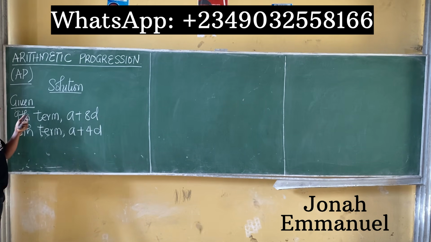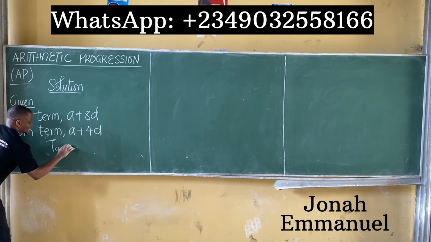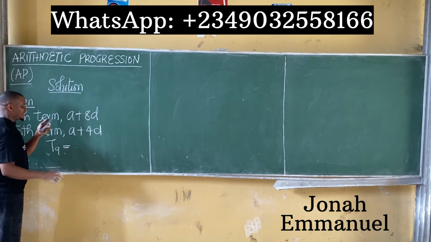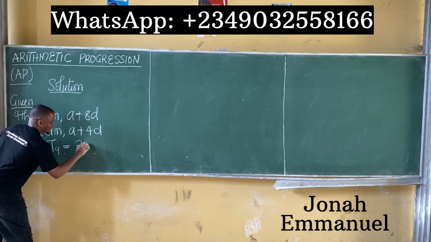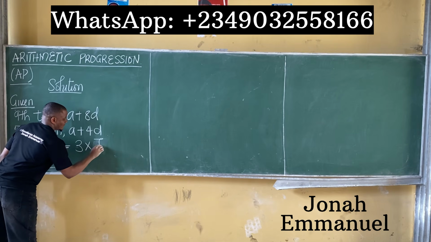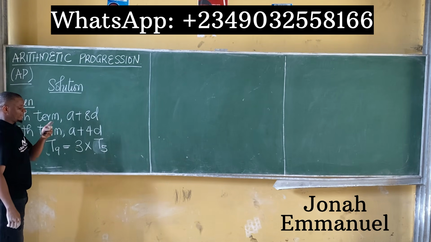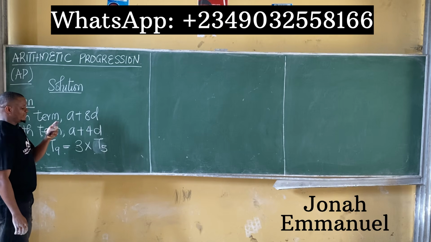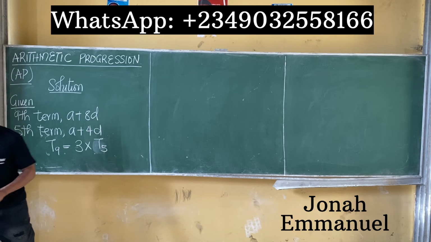The question says the ninth term, that's T9, is 3 times the fifth term, that's T5. We have to find a relation between the first term and the common difference.